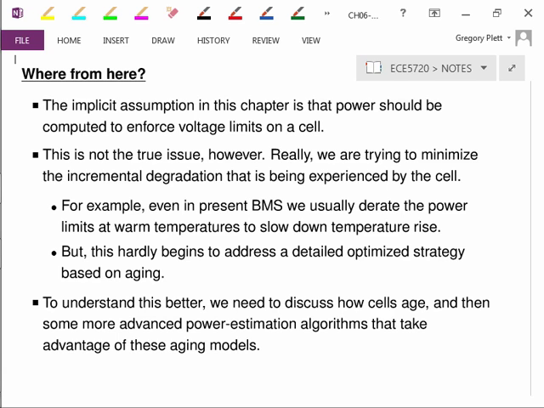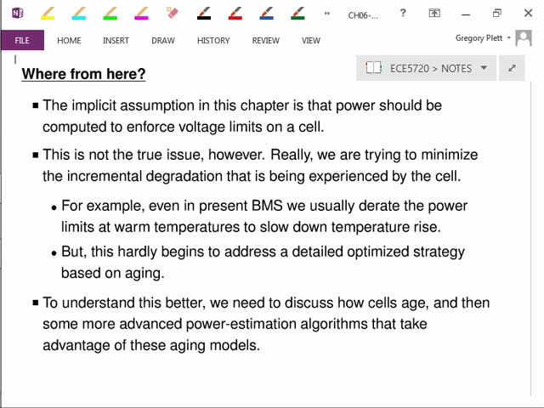And if you have this discussion and you think about what is really being conveyed in this discussion, the cell designer is telling you that the terminal voltage is not the issue. It could be 4.2, it could be 4.3, it could be 4.4. The issue really is something that's happening inside the cell, not something that's happening at the outside.